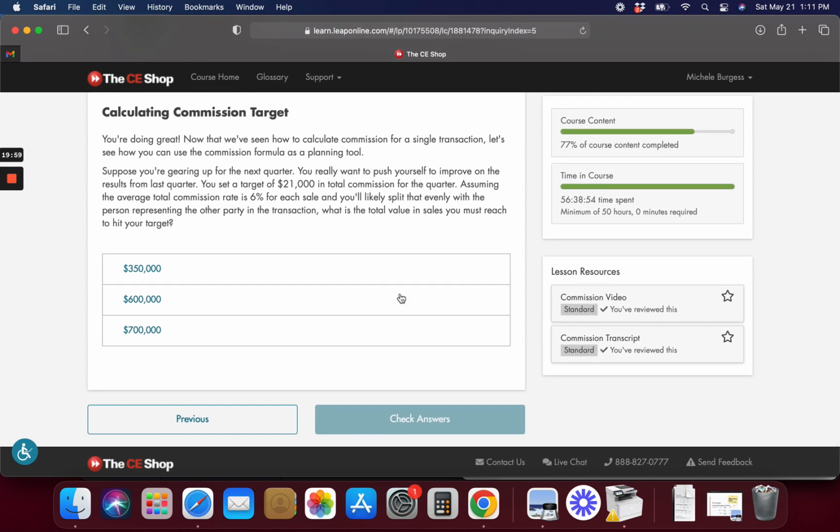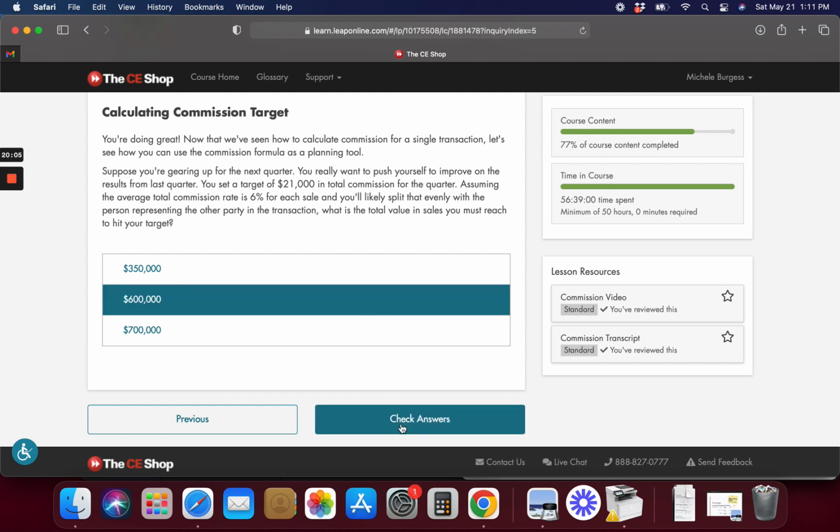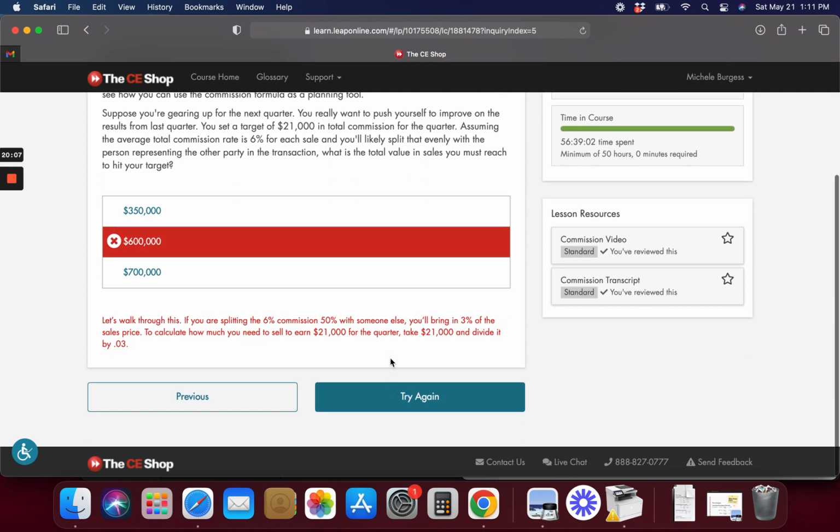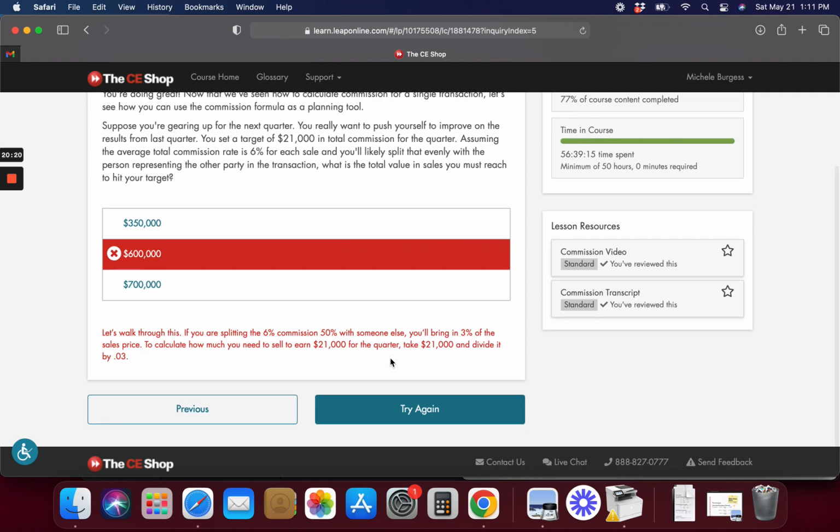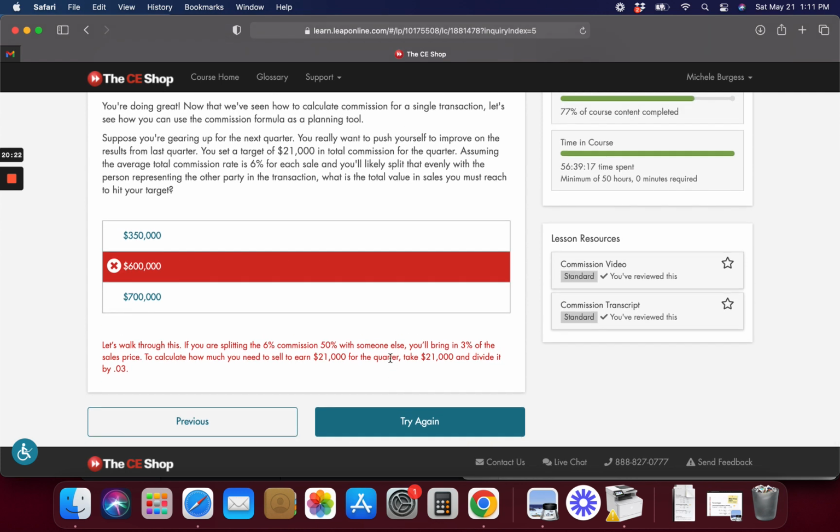Calculating commission target. All right, let's walk through this. If you're splitting 6% commission, 50% with somebody else, you'll bring 3% into the sales price. To calculate how much you need to earn $21,000 for the quarter, take $21,000 and divide it by 3% because you're splitting a 6% commission.